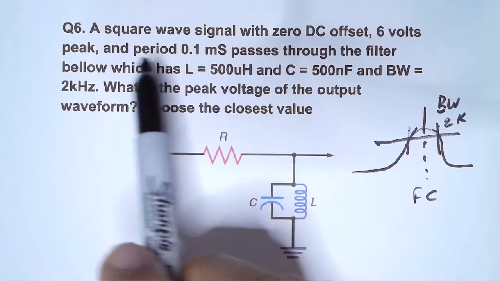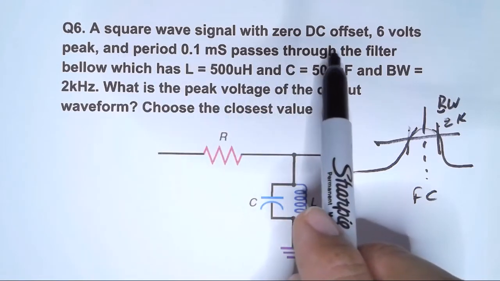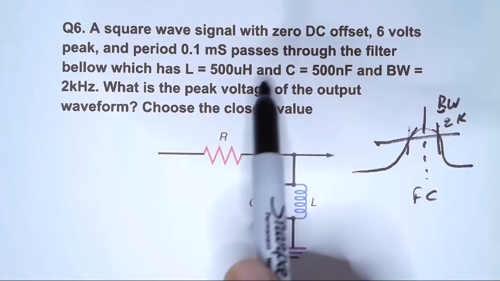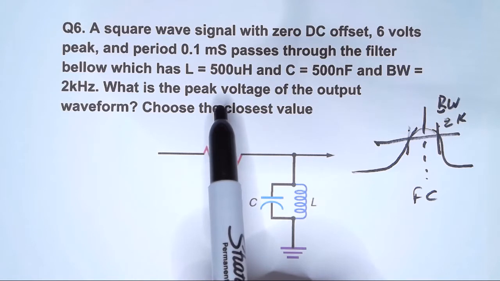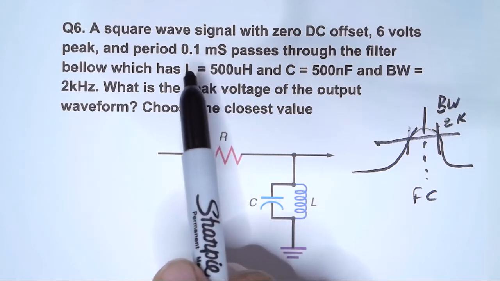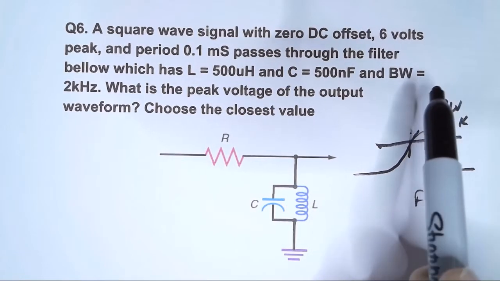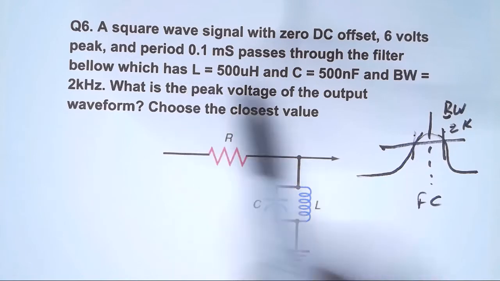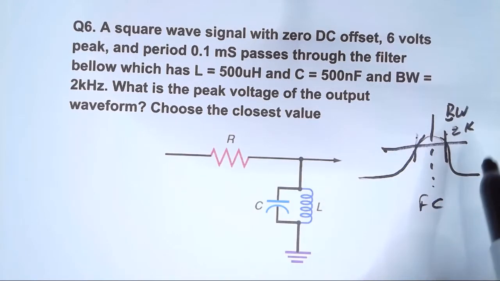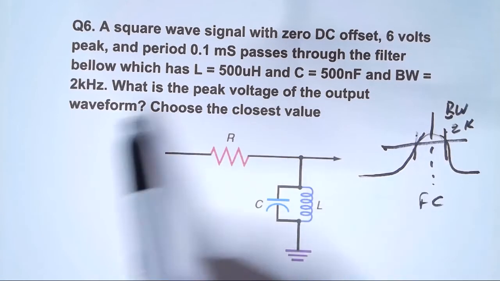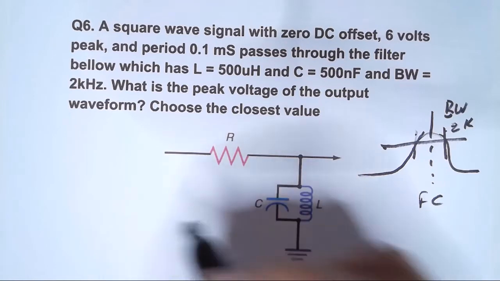And also, because this is a square wave, we need to find what the fundamental frequency is, because they are giving us the period. After filtering the input signal, we're going to have some waveform, and we need to find that.